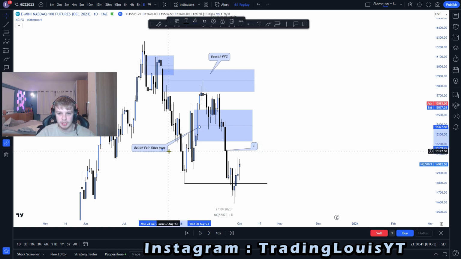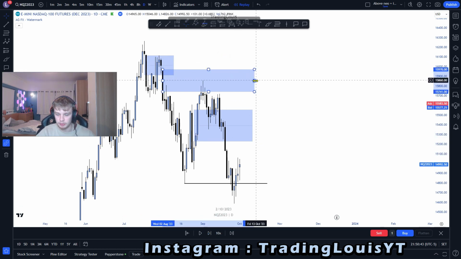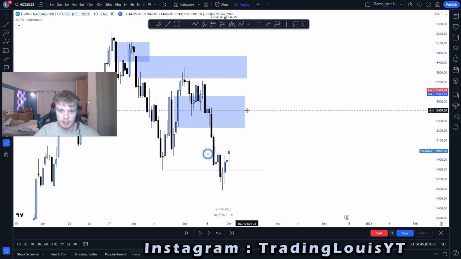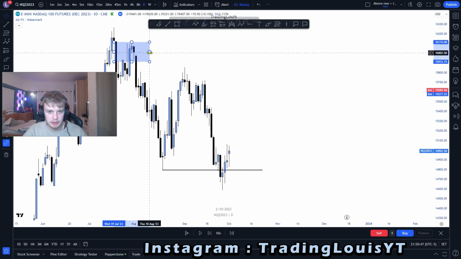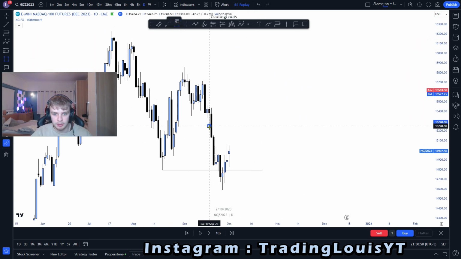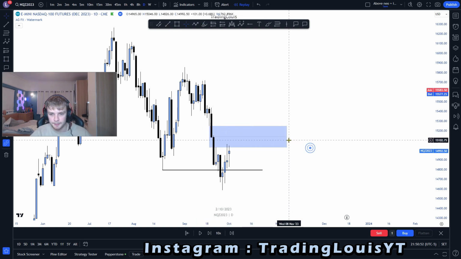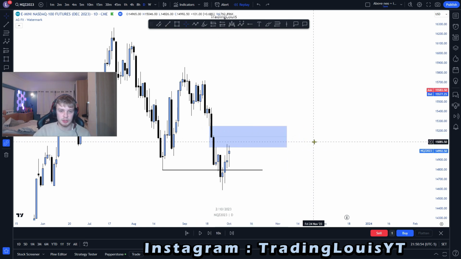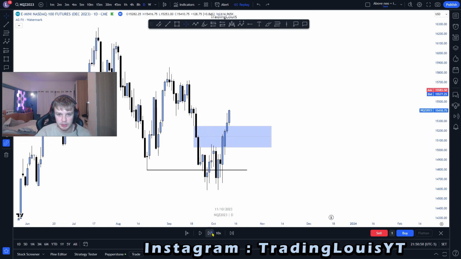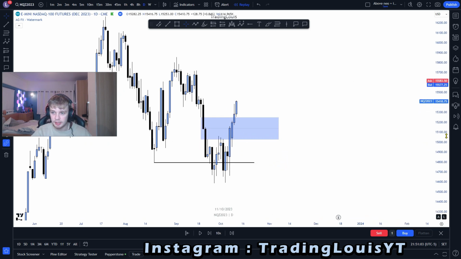So what would I do next in this situation? If I'm looking at price action right here and I want to find the next draw on liquidity, I would just mark out these fair value gaps here, and see if price wants to respect these or not. So if we play out the price action, here we have price no longer respecting this fair value gap.